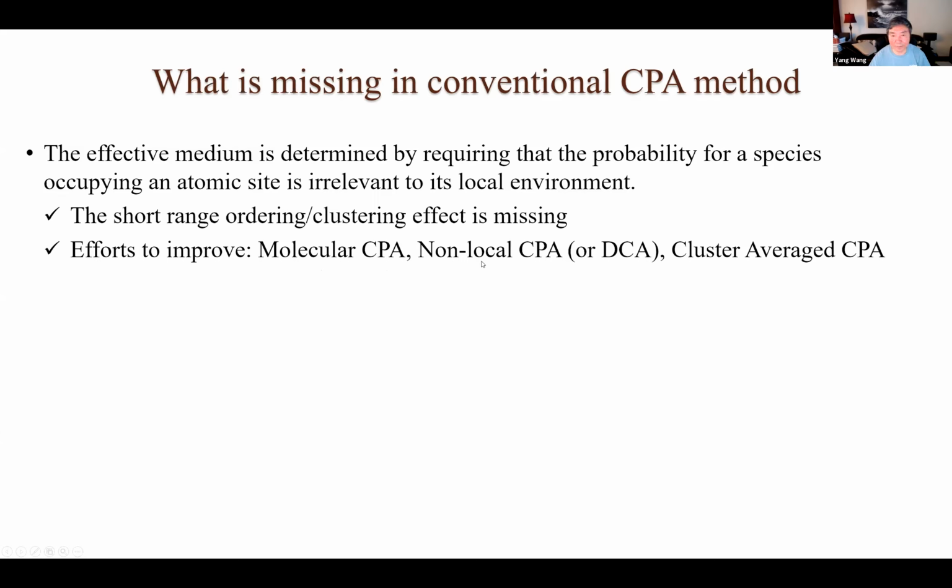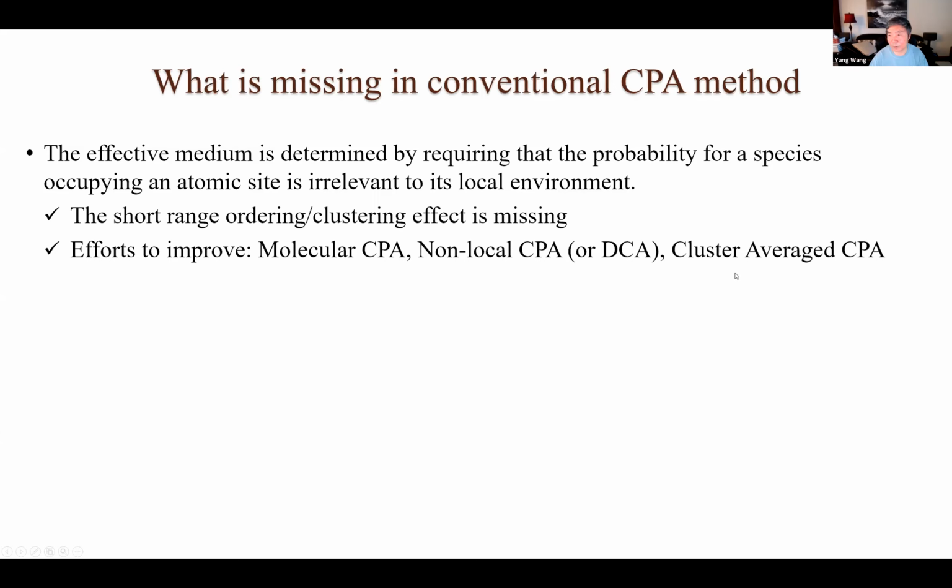Another approach, in recent years, is something called non-local CPA, based on the idea of DCA. I believe Hannah and Carmine have a better idea and can expand on how DCA works. Very recently, there's a cluster average CPA.